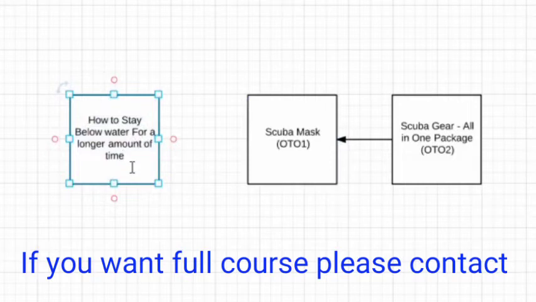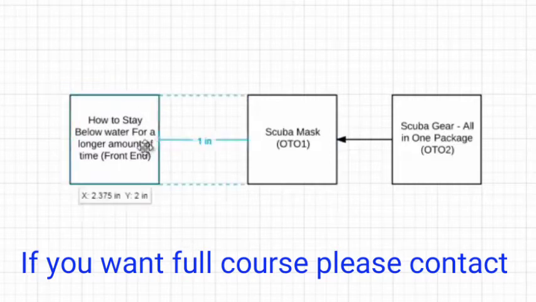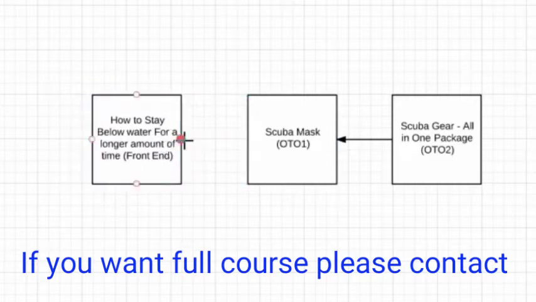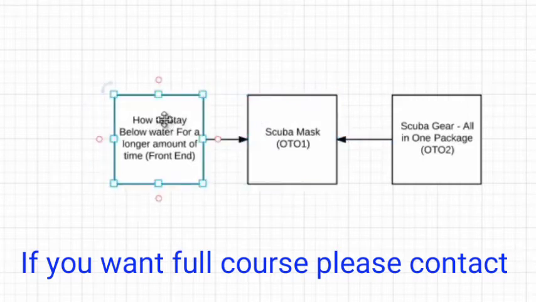So this could be a lead magnet, it could be a front end offer. But let's say, for example, we want to make a course to show people how to stay below water for a longer amount of time, or whatever unique selling proposition essentially solves somebody's problem, right? So they go from here, they're looking to stay below water for a longer amount of time, and then maybe you present them after that.